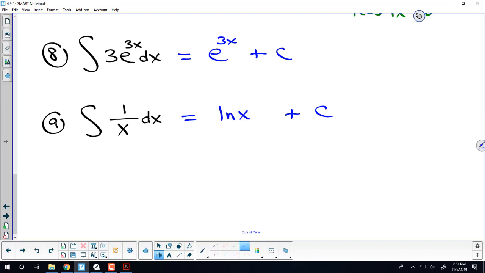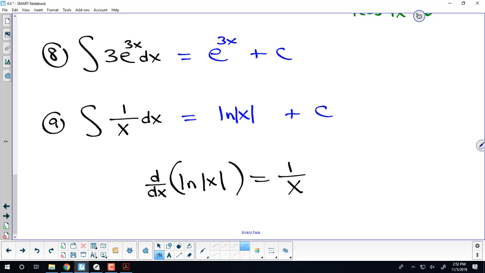We didn't really go into a lot of detail, but the derivative of the natural log of the absolute value of x is still 1 over x. So we're going to say that the antiderivative of 1 over x is the natural log of the absolute value of x. And that way we have more agreement on the domain of each one of those.